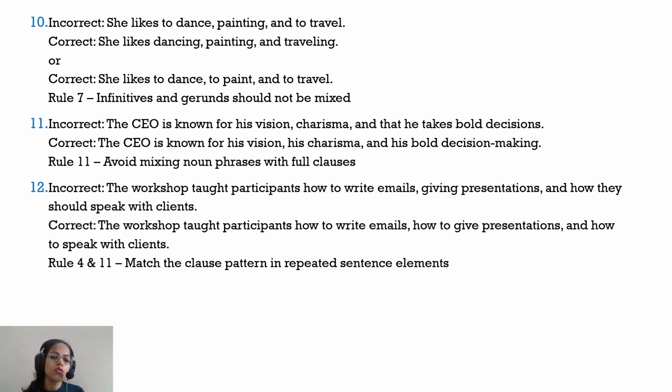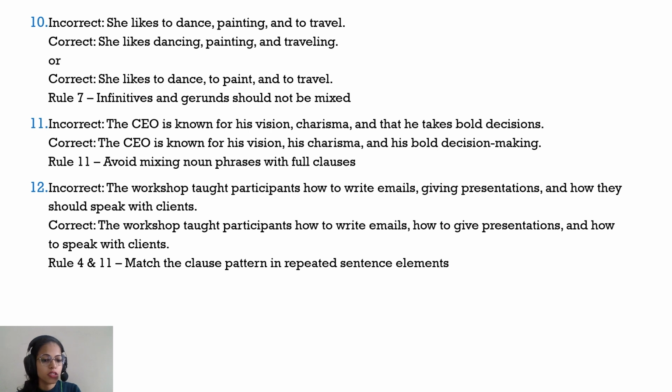The CEO is known for his vision, charisma, and that he takes bold decisions. The correct statement would be: the CEO is known for his vision, his charisma, and his bold decision making. So we cannot mix noun phrases with full clauses. And the last statement: the workshop taught participants how to write emails, giving presentations, and how they could speak with clients.